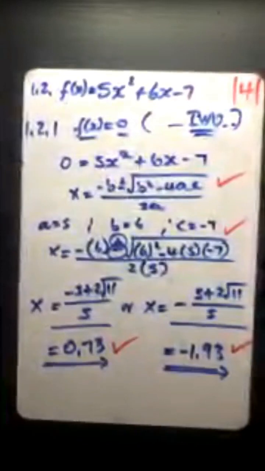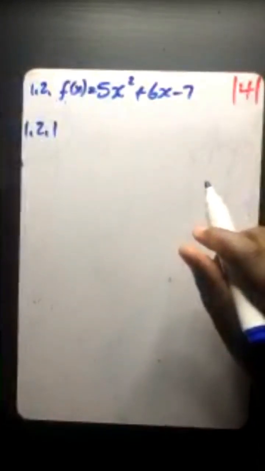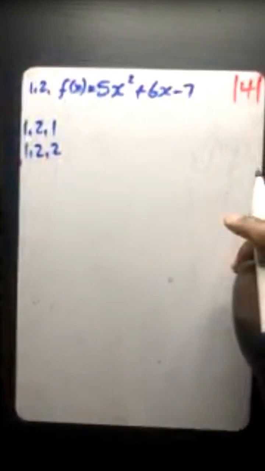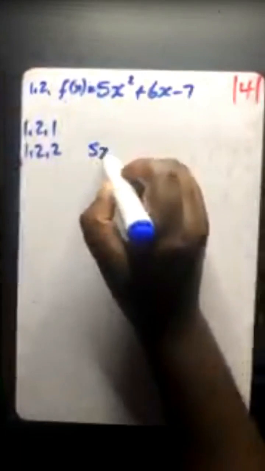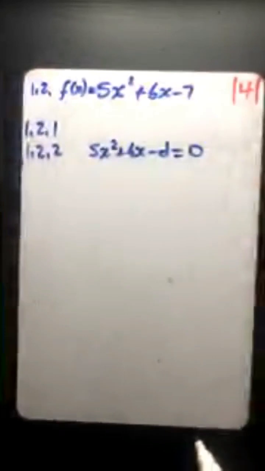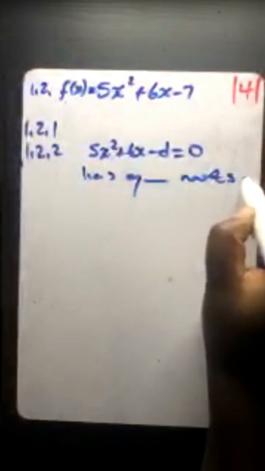Okay. So now, as we move on to the next question, there's that question which says, hence or otherwise calculate the value of d for which 5x squared plus 6x minus d equals 0 has equal roots.